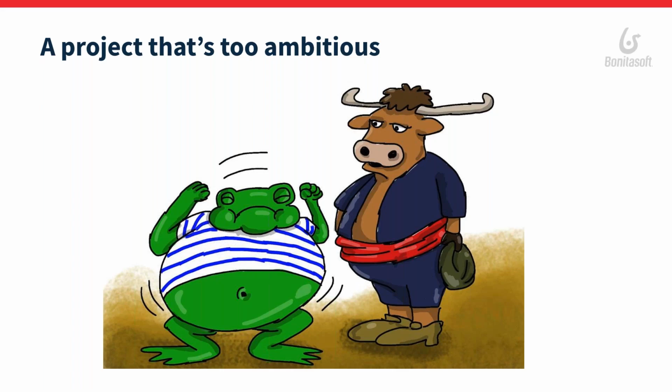A frog knew an ox that was really big, really strong, and the frog wanted to be the biggest and the strongest. Because the frog was really ambitious, she really wanted to be bigger. But the fact is that doing that, she died, and we don't want our process to die, of course.